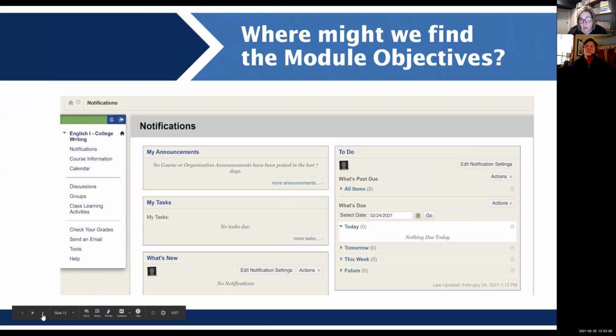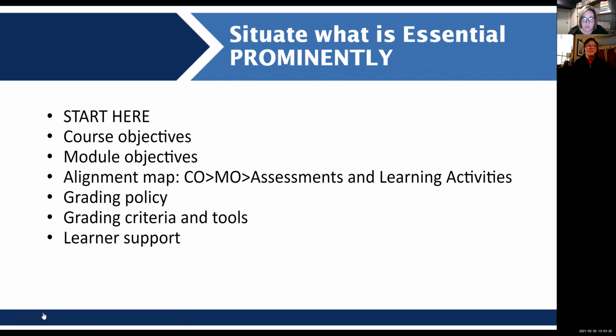Where might we find module outcomes inside of a course like this? Just in the interest of time, I'm going to tell you, I could not find any module outcomes. It doesn't mean that they're not here. It means that I couldn't find them. And one of the reasons I can't find them is there is no common language or schema.